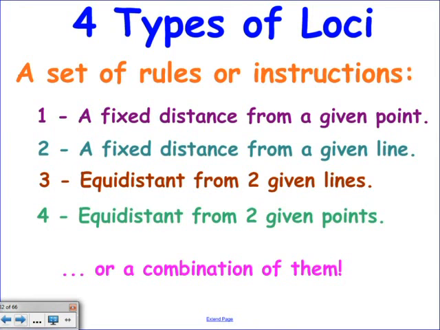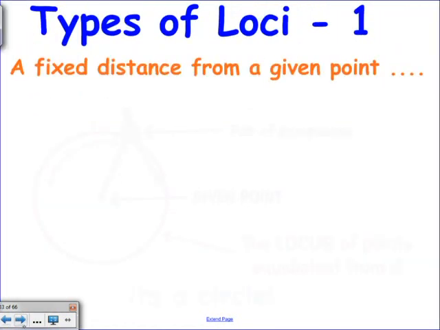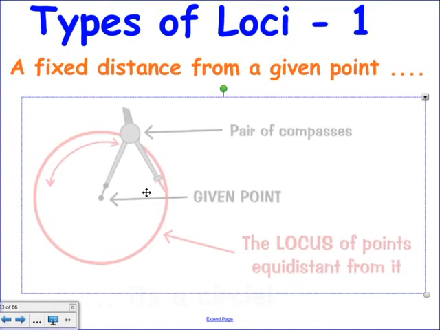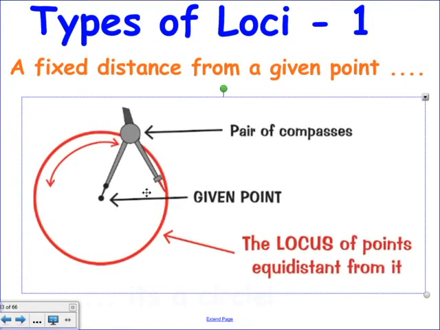So when you're talking about loci, the number of points that satisfy a rule, if I said I want you to draw all the points that are exactly 10 centimetres away from this point, that's my rule, the points on that circle satisfy that rule. So they are the loci of points for satisfying 10 centimetres away from the point A.